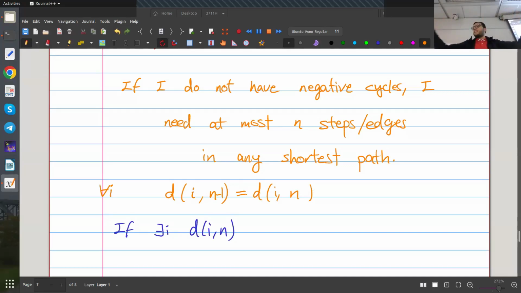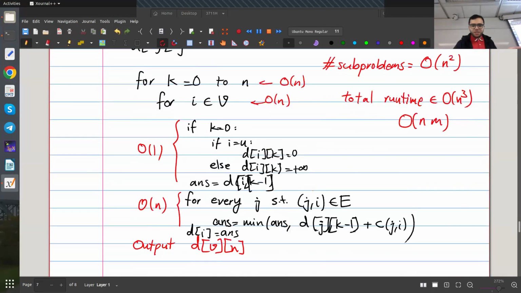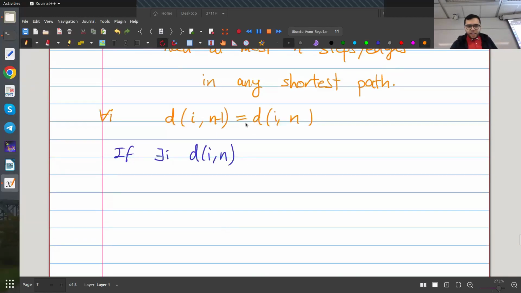That means that my path can have n minus 1 different edges. So I didn't need to do it up to n. I could just do it to n minus 1. You could also change all of these to n minus 1 in my algorithm. Doesn't matter.